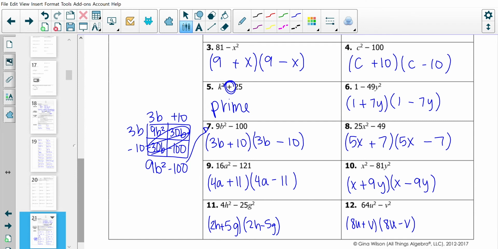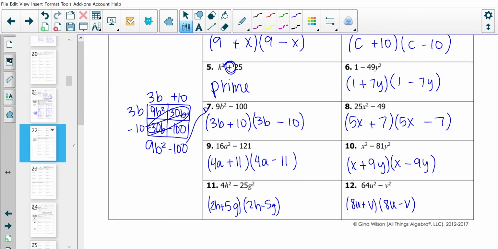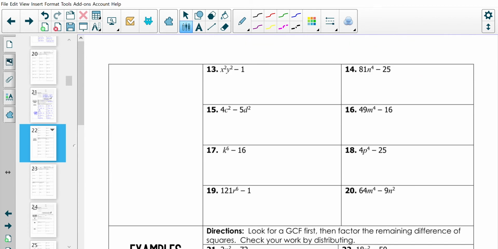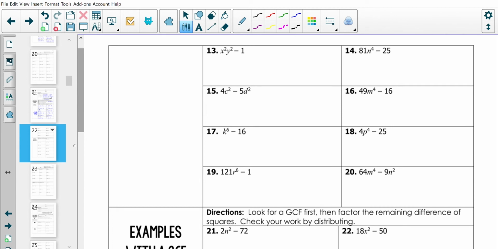Flip it over. Okay. Number 13. I would have x, y, plus 1, minus 1. Okay.